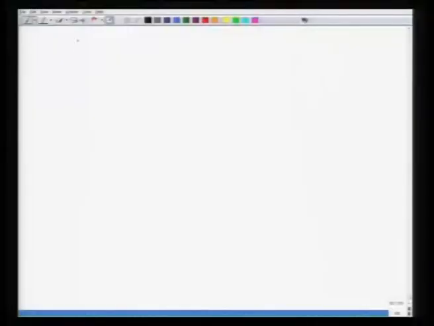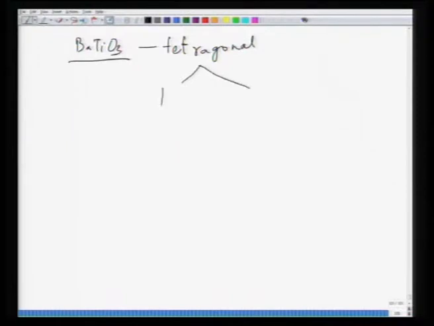Another thing you need to remember is, take the case of barium titanate or lead titanate. Since this is a tetragonal material, it has 180-degree domains and 90-degree domains.